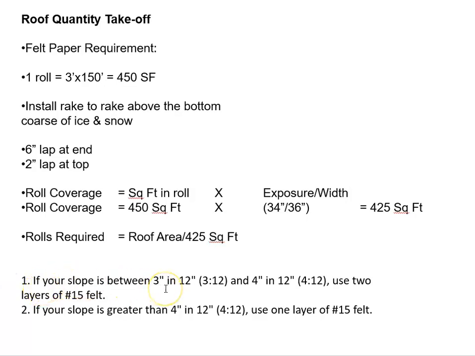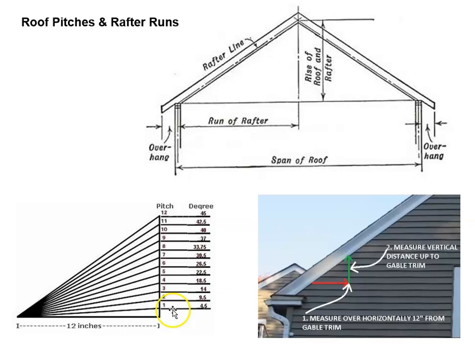This is an important point as well. So for a very low sloped roof, 3 and 12 and 4 and 12, let me just go back to our original here. So low shingles typically only begin at 3 in 12. If you have a 1 in 12 or a 2 in 12 roof, you would not use shingles. They are too vulnerable. Water and snow would not just simply run off of them. So 1 in 12 and 2 in 12 is considered a low slope roof, or a flat roof, as opposed to the pitched roofs that we're discussing.